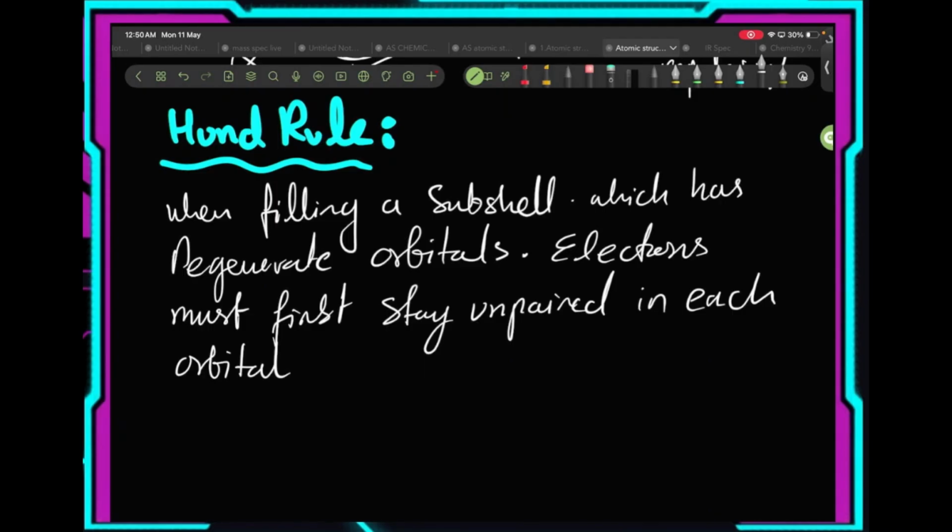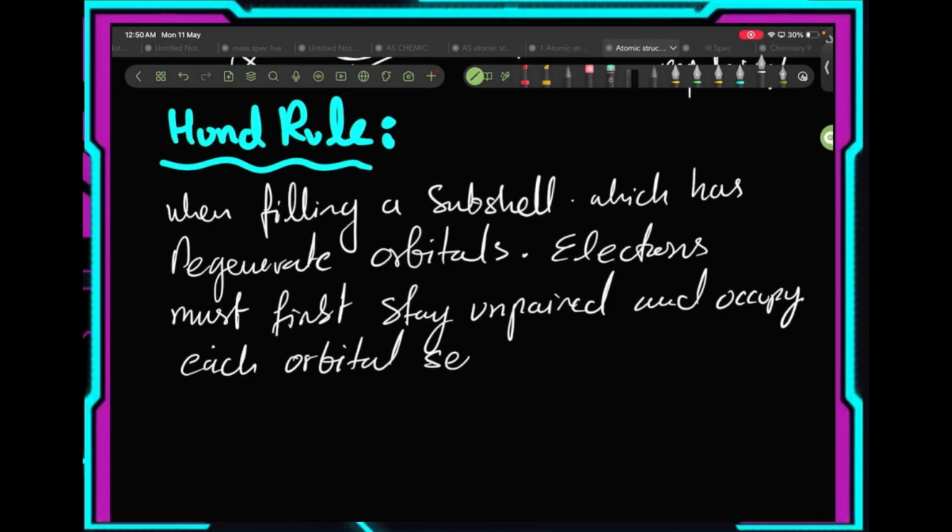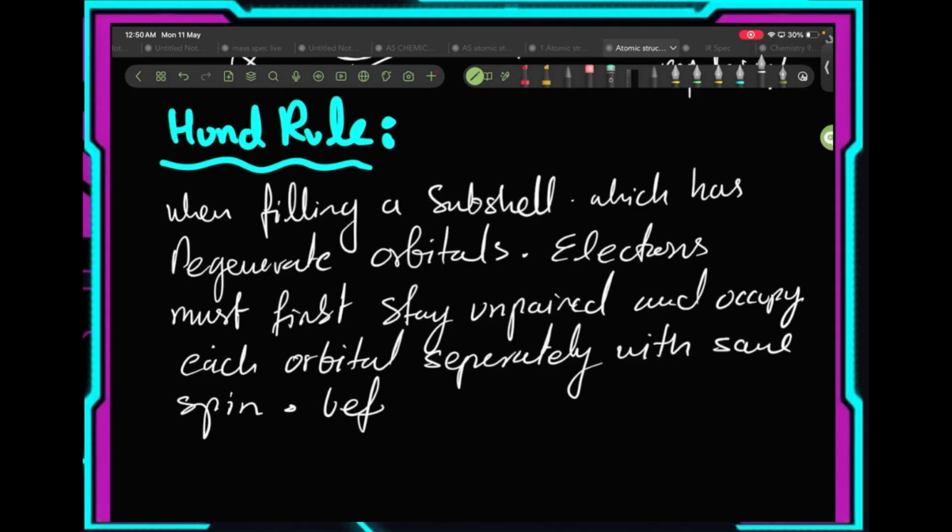So electrons must first stay unpaired and occupy each orbital separately with same spin before pairing up.